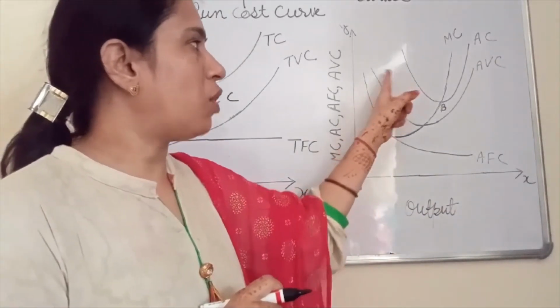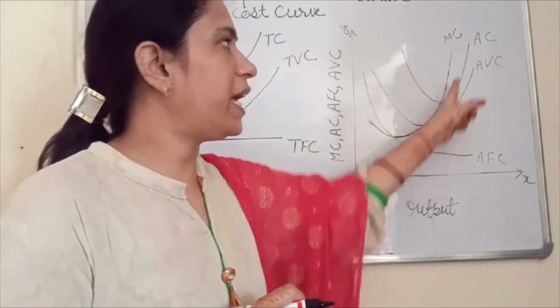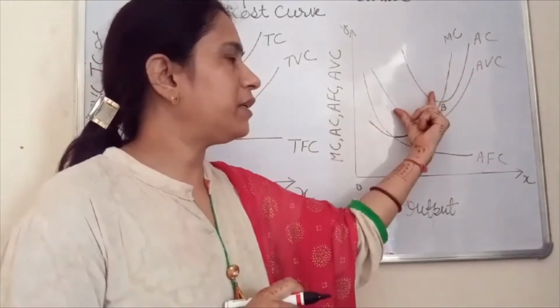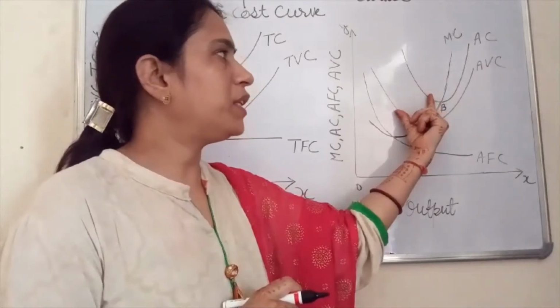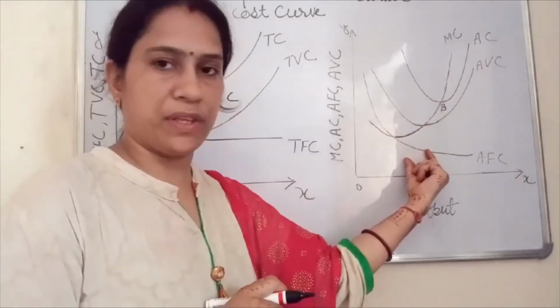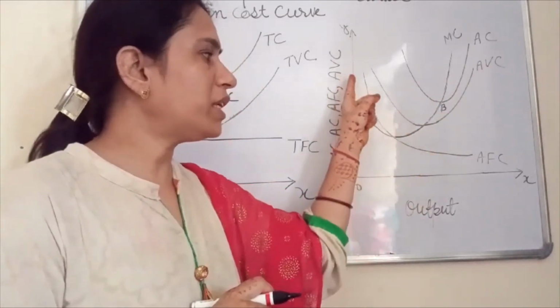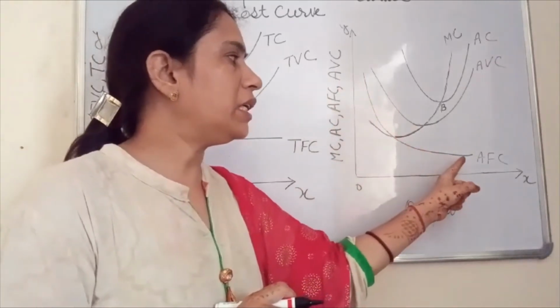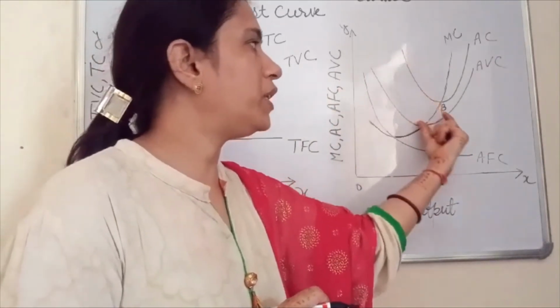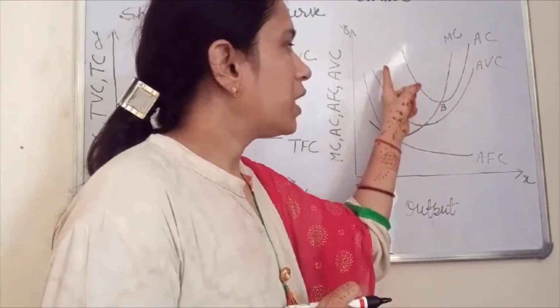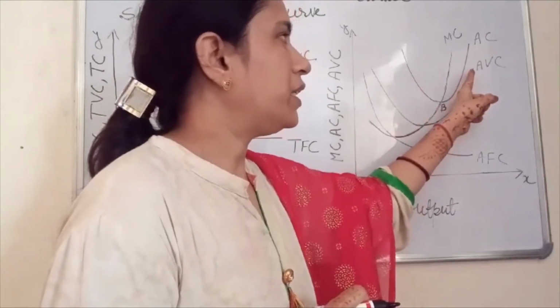Now we talk about AVC and AC. The gap between these two curves shows AFC, and because AFC is continuously decreasing, the gap between these two curves is continuously decreasing.